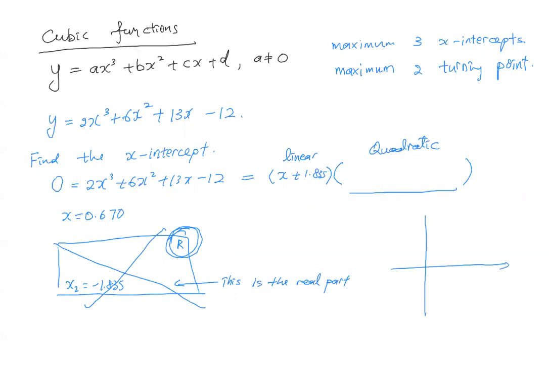And if you have a graphic calculator, I will teach you how to sketch a graph. The graph looks something like this. And the y-intercept is negative 12. So remember, for a cubic function, we can write it as a linear expression times a quadratic expression.